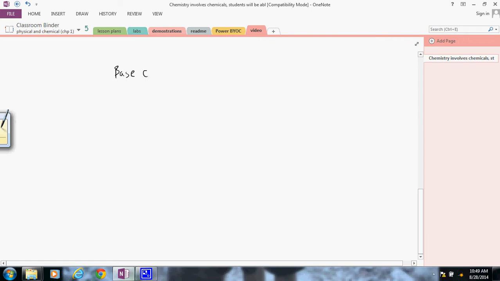If it's got 1 carbon, we use the word meth as a prefix. If it's got 2 carbons, we use eth, or ethyl. Sometimes that little suffix gets dropped. 3 would be prop. 4 would be but.